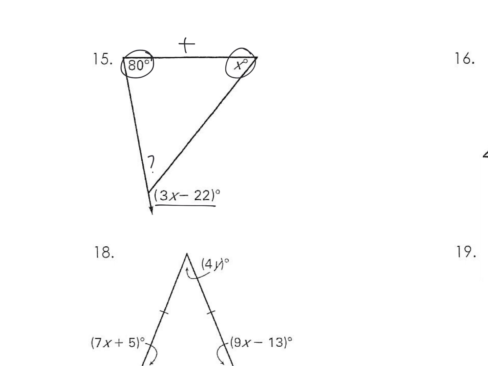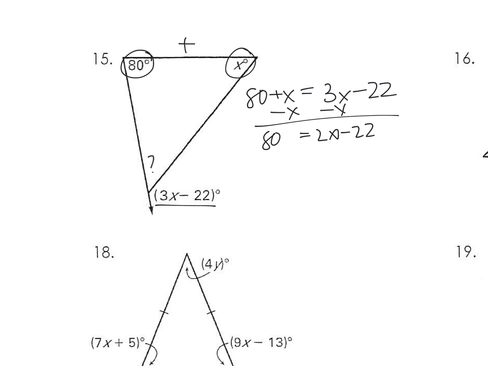So we have to rely on the fact that the two interior angles opposite to the exterior have to be equal. Now this is a solvable problem. So I'm going to subtract x on both sides, add 22 to both sides, and then divide both sides by 2. Whoops, there we go. So I get x equals 51.